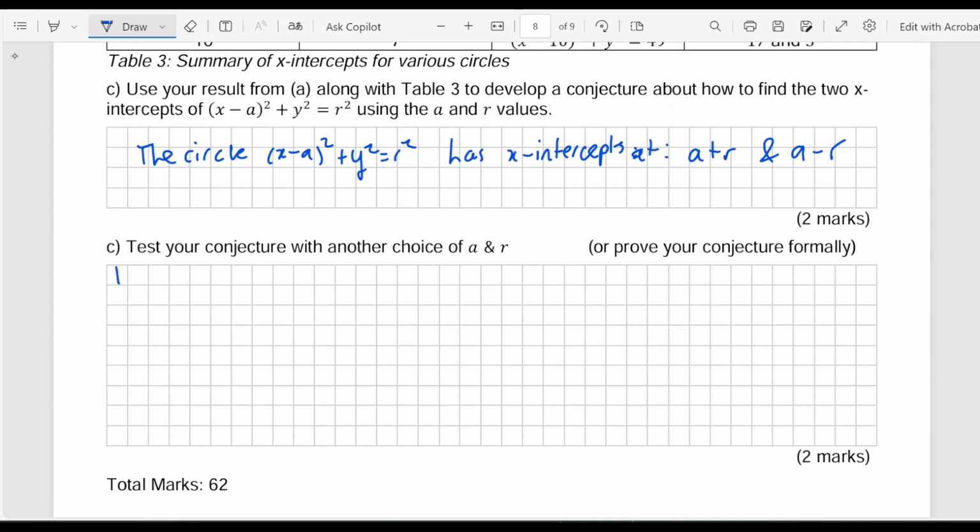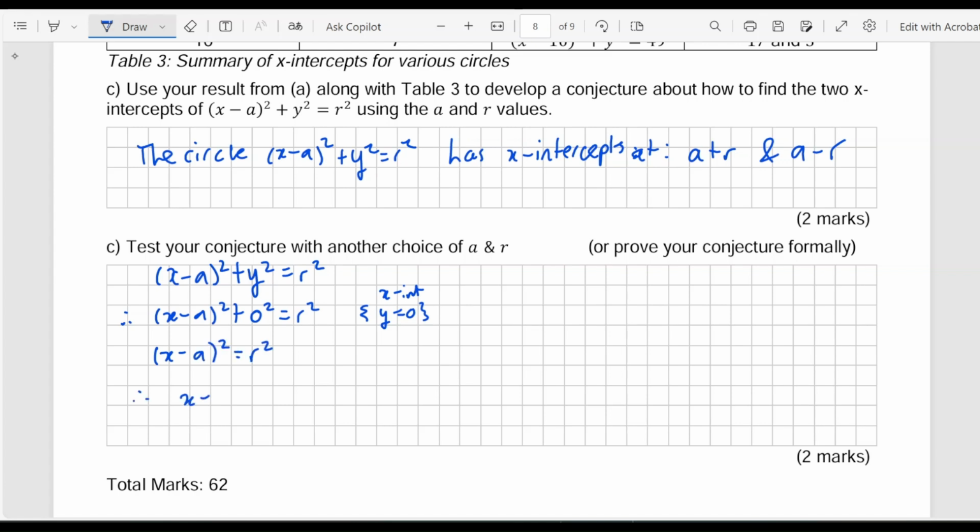So consider, well, we're going to start by having x take a squared plus y squared is r squared. Therefore, x take a squared plus 0 squared is r squared. So you're setting y equal to 0 there to find the x-intercept. x take a squared is r squared.